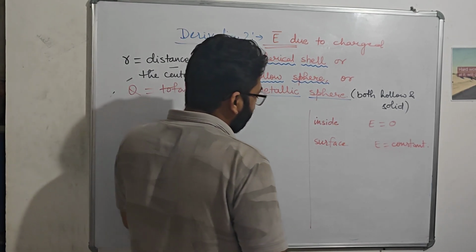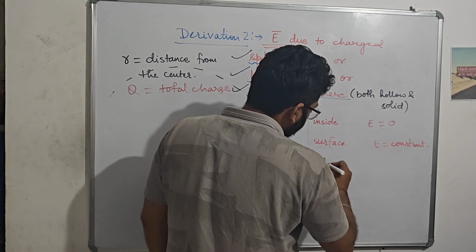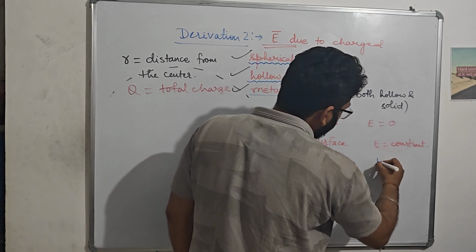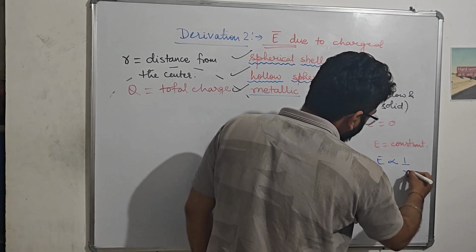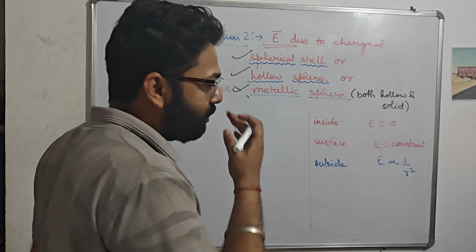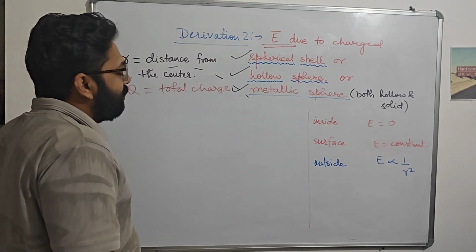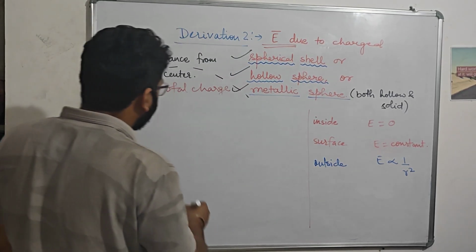And if we talk about the outside point, the electric field is inversely proportional to the square of distance.